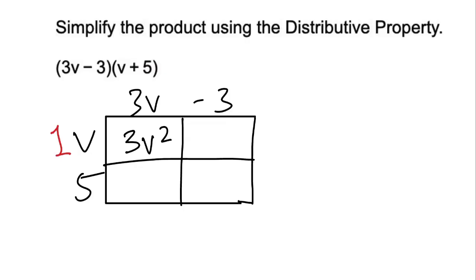So 1v times negative 3 is negative 3v. 3v times 5 is 15v. Negative 3 times 5 is negative 15. Oh, it is negative 15.